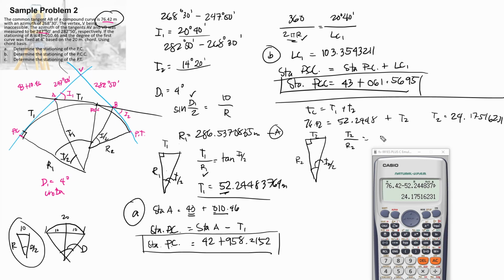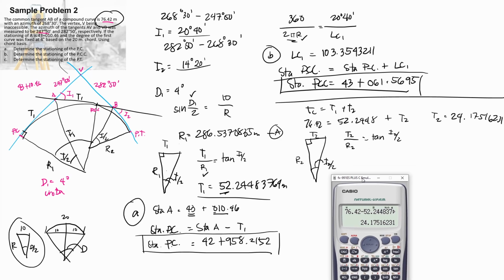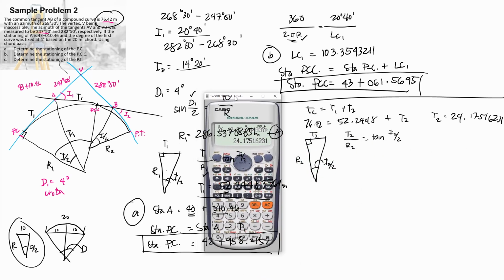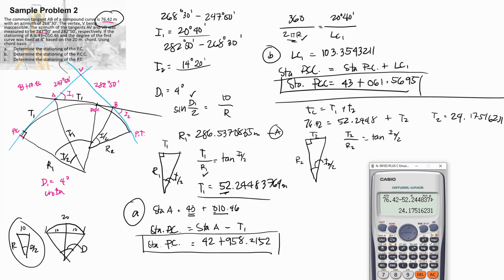Opposite over adjacent is equals to tangent I2 over 2. So, yung I2 natin is yung 14 degrees 20 minutes. So, pwede natin sabihin na si tangent over radius, yung unknown, is equal to tangent half nun, so 7 degrees and 10 minutes.